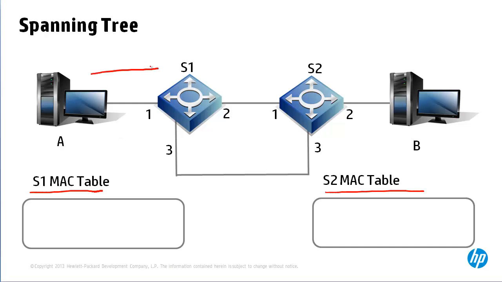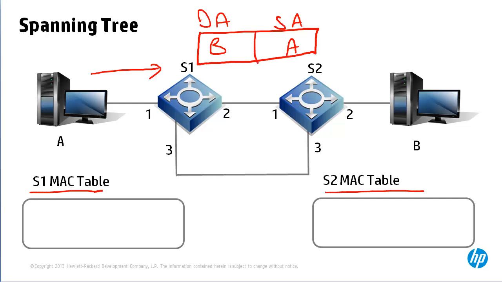When A sends a frame to B, the destination address will be B, and the source address will be A. So A is sending a frame to B, and when it arrives at switch 1 it will read the source address in the frame and update its MAC address table to show that A is on port 1. MAC address B, however, is not in the MAC address table, so the switch will flood the frame out of all ports.